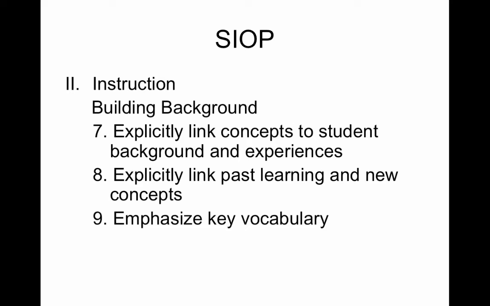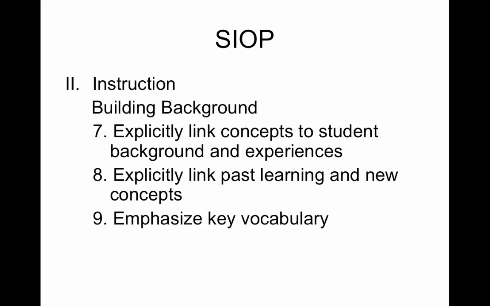The second component is instruction, and this is really the meat of the SIOP model. The first thing we have to do when we're thinking about instruction is to build background knowledge. As you can see, there are 3 different ways that we do that. First is to link concepts to what the student already knows or to their experiences. Some of our students come with a lot of background knowledge or prior knowledge about a subject.